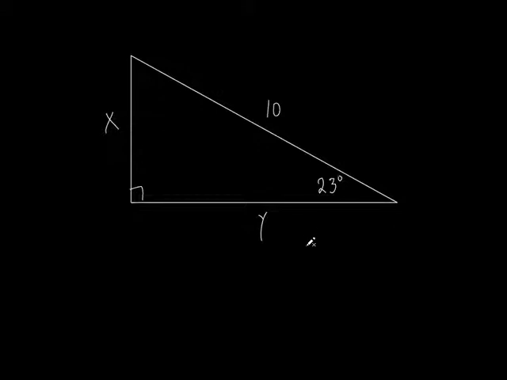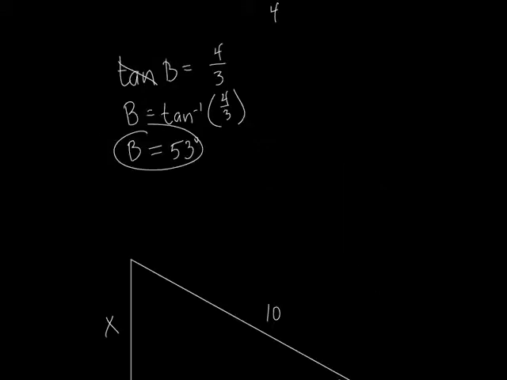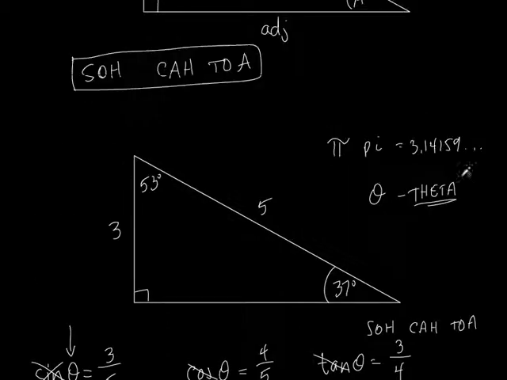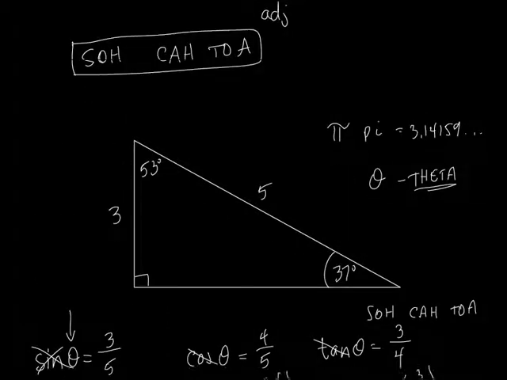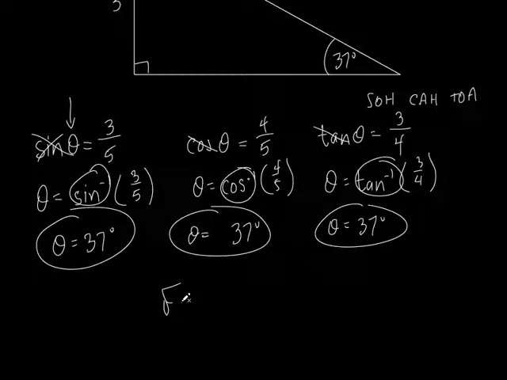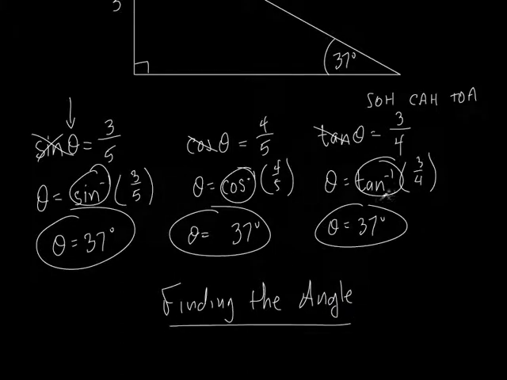We're not going to do any inverse stuff. The only time, and I told my other class this, you should write this down as well. Anytime you use this inverse stuff, inverse, inverse, inverse, is when you are finding what? The angle. That's the only time you use the inverse.